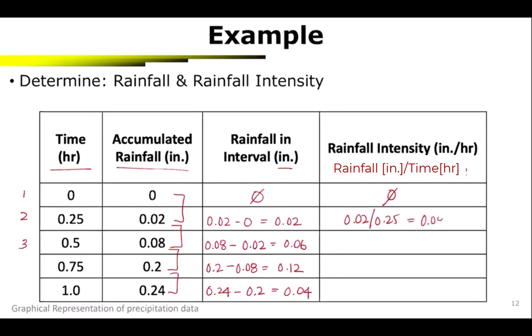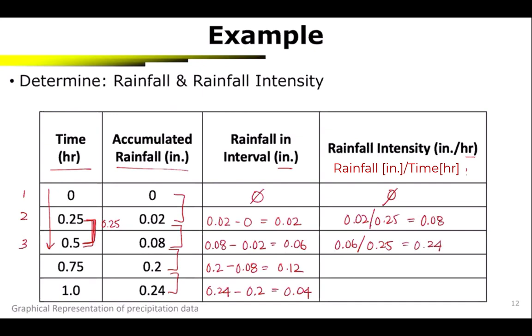We're going to get 0.06 again. And now look at this. We're not going to divide by the total time that we've experienced so far. No, we're only dividing by the time frame in which this precipitation event was experienced. So it's actually going to be the difference between these two time frames, which is 0.25 hours. So 0.06 divided by 0.25, and that gives us 0.24.